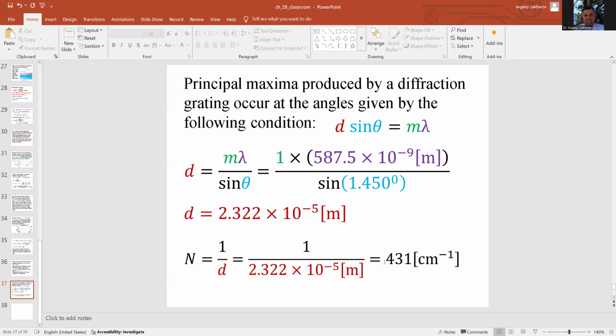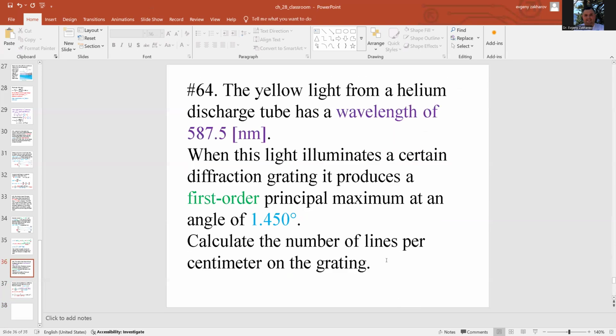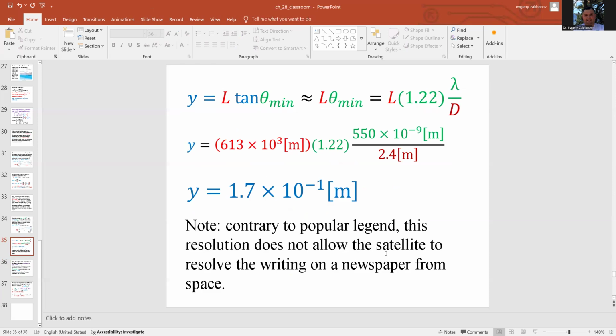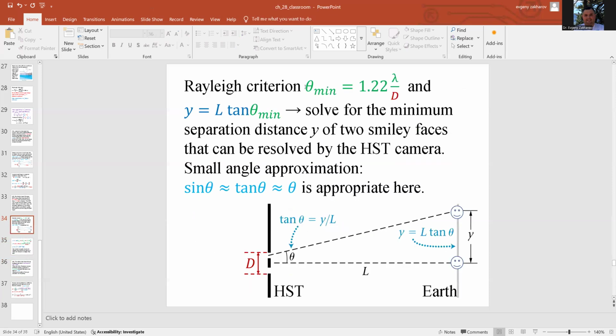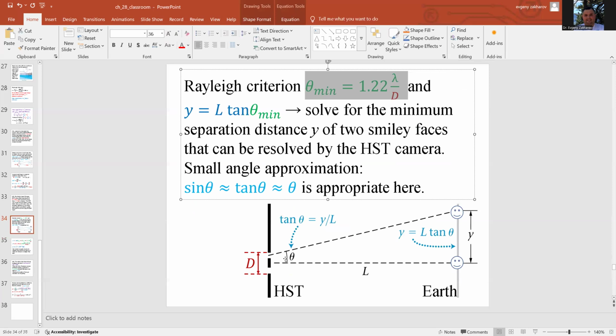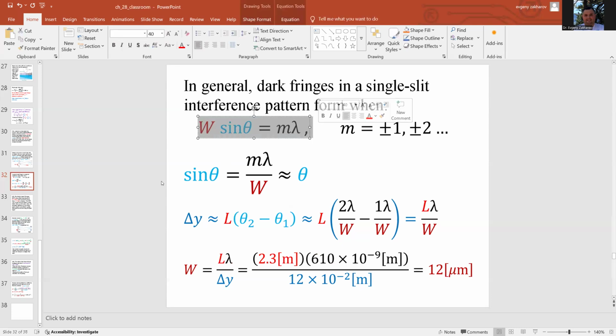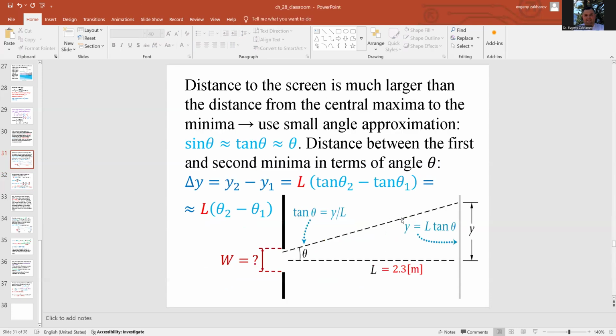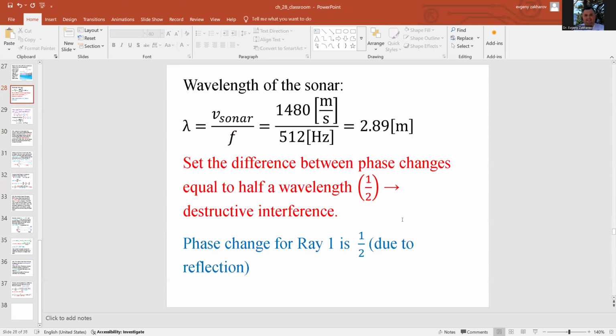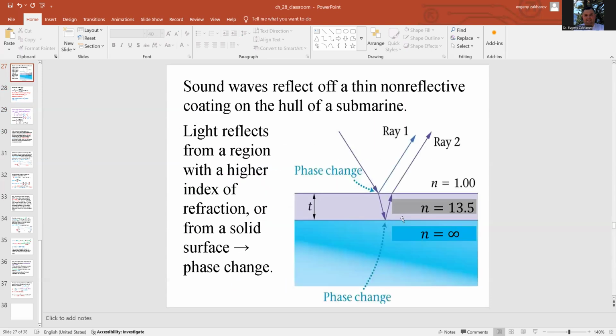Okay, that's it for this particular chapter. Keep in mind the Rayleigh criterion. Keep in mind the small angle approximation. Keep in mind conditions for minima and maxima. And yeah, this is a pretty tricky problem.